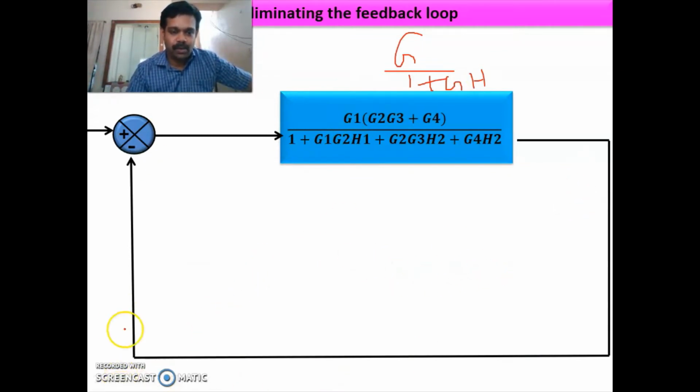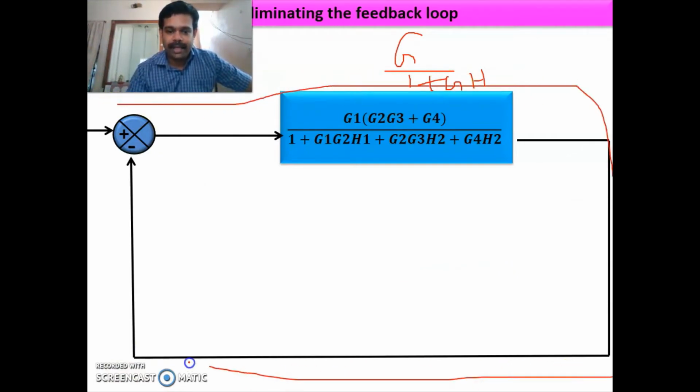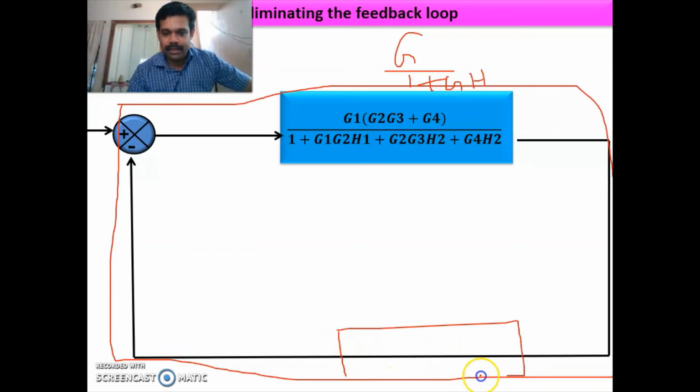Now again you have one feedback. If nothing is there in the feedback loop, it means the value of that block is H equal to 1. We call this unity feedback.